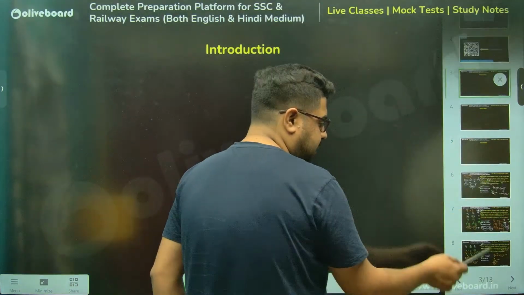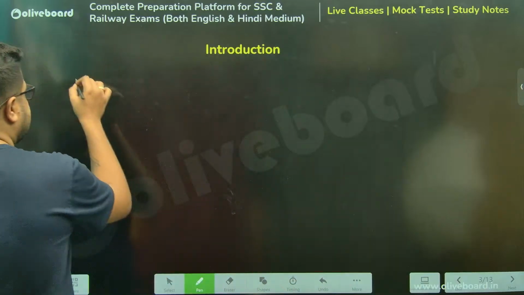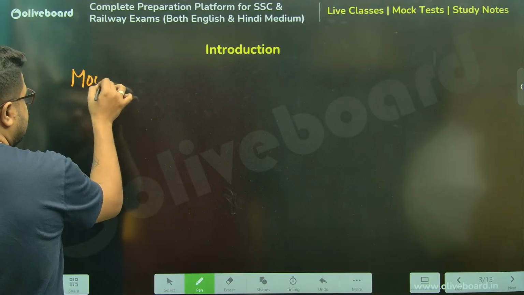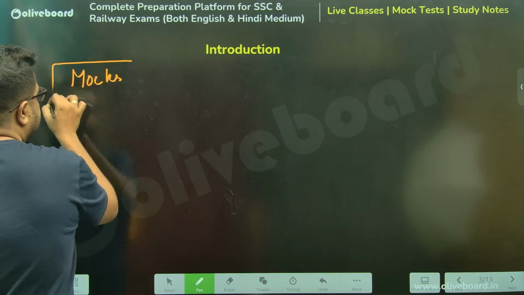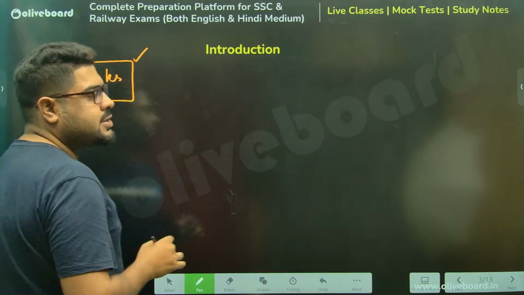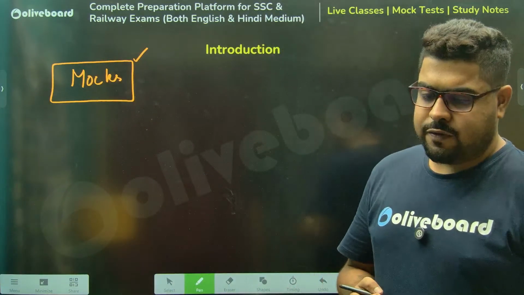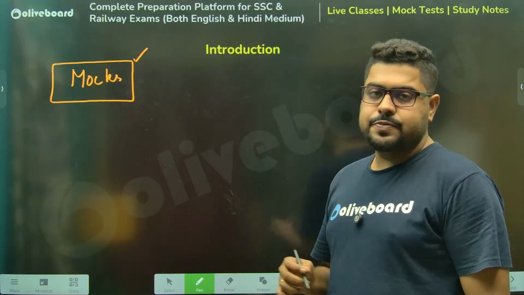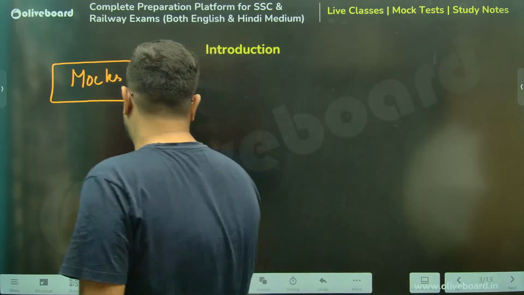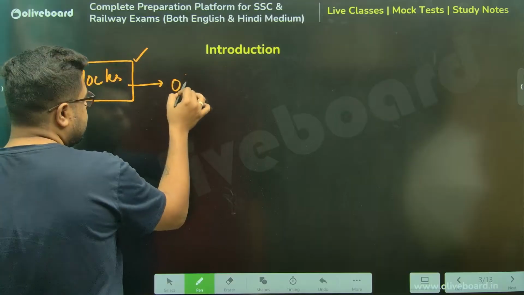Now, apart from that, before I go, I want to discuss one simple thing with you guys. If you are using our mocks, be it free live mocks or the mocks that are part of your purchase, meaning platform mocks, we have now introduced something called Olive Score.